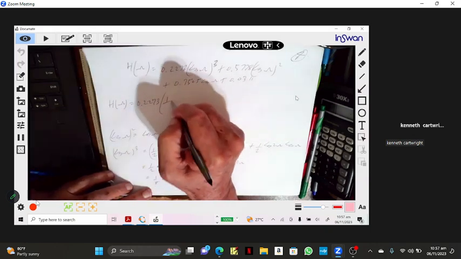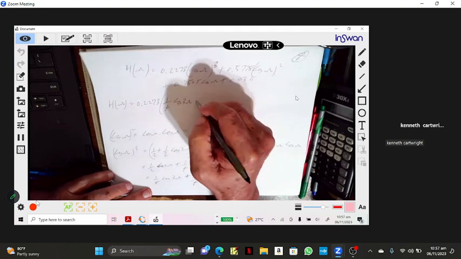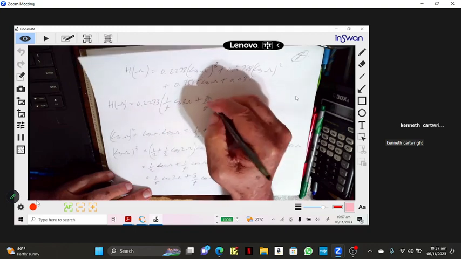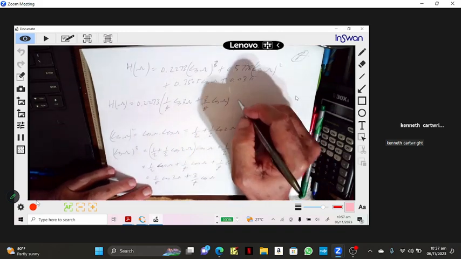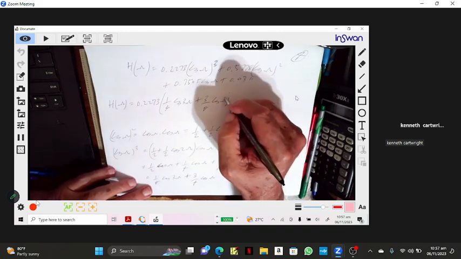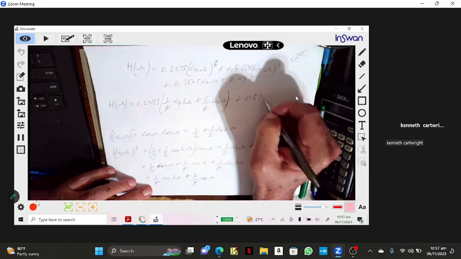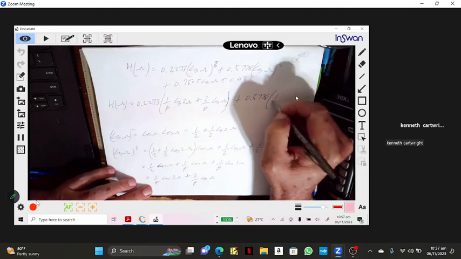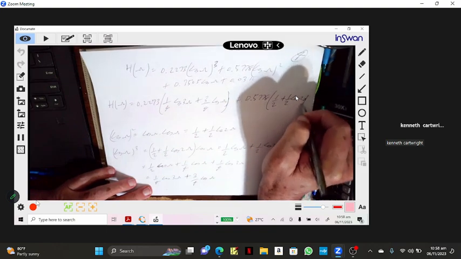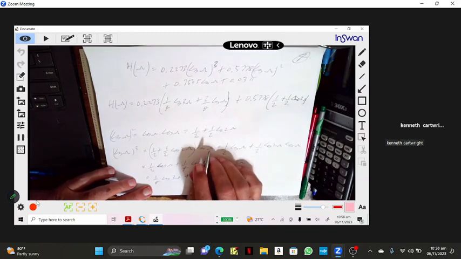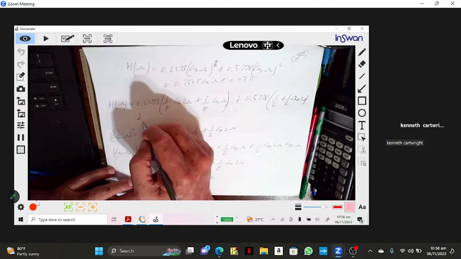So we put that here, a quarter cosine 3 omega plus 3/4 cosine omega. Plus 0.5778 times a half plus a half cosine 2 omega. See how the math that you're supposed to know is coming in handy?